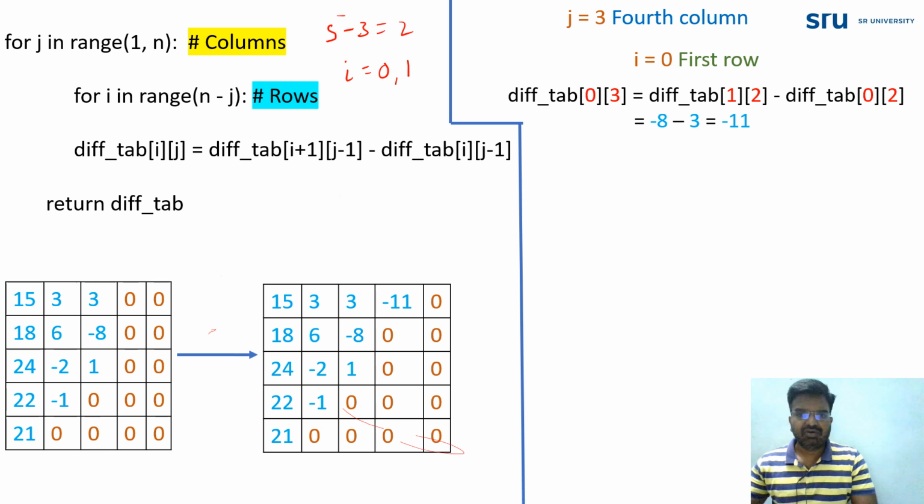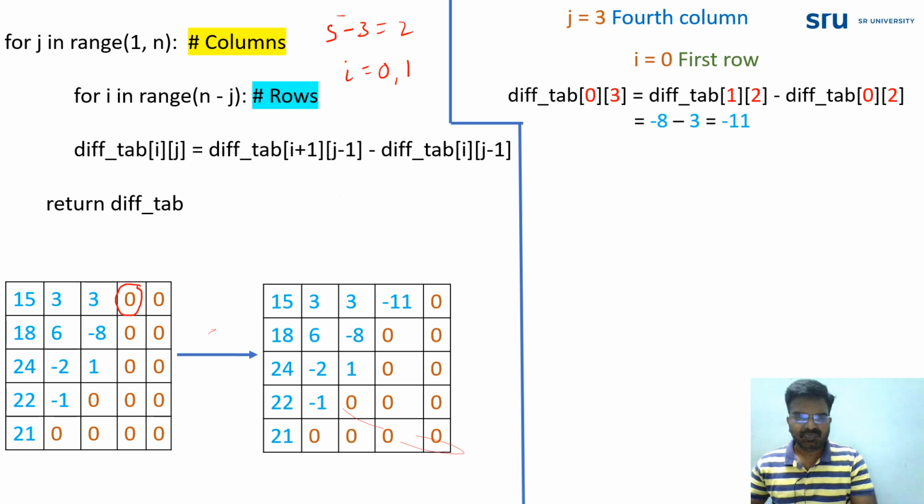When I equal to 0, it means the fourth column, first row. Fourth column, first row means this is the position. I have to fill this position with the difference minus 8, minus 3. Minus 8 means what is the index of this minus 8?